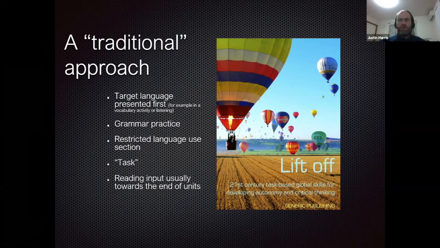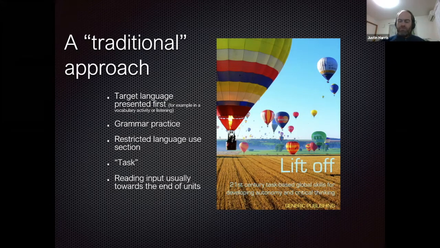Now, invariably, and I'm randomly pulling a number out of my head, but I'm thinking 95% of the textbooks that I used, I might not have used 10, but anyway, a lot of them, would have a reading at the end of the unit.